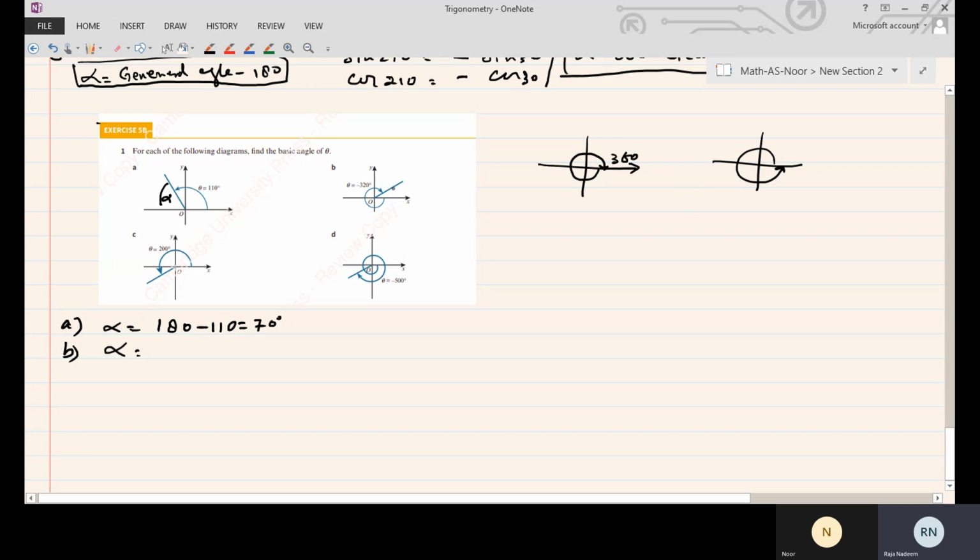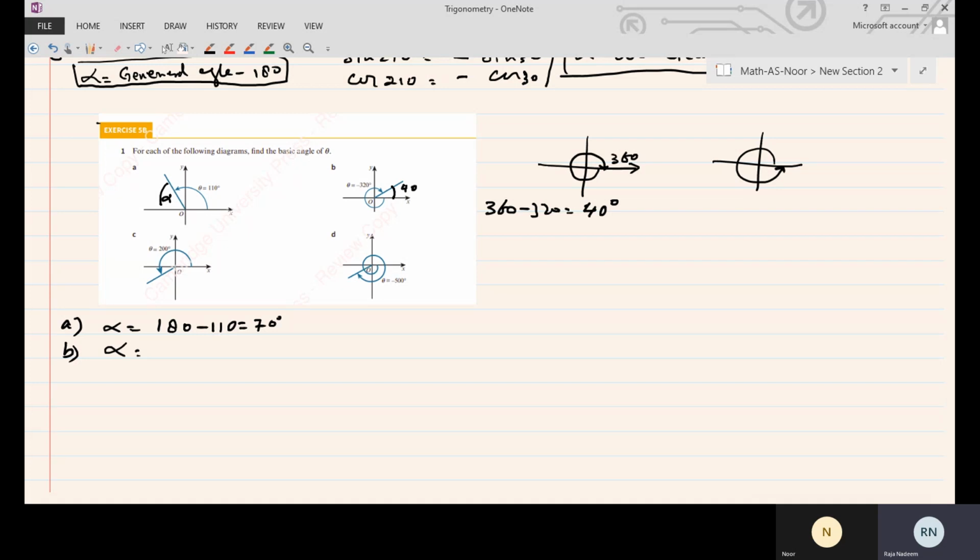Simple. And we need to find this missing angle. If you subtract 320 from 360, it would be 40 degrees. Basic angle is always in positive form.